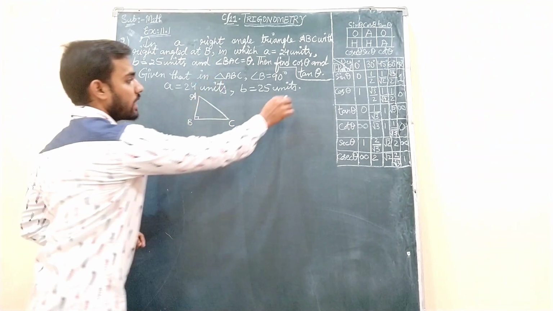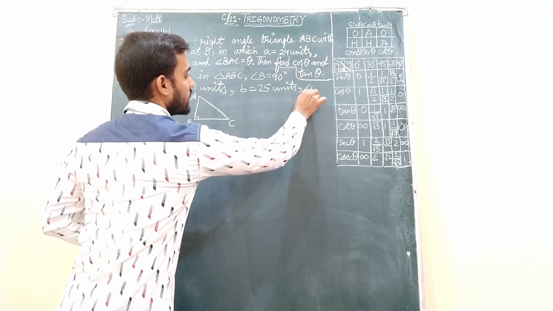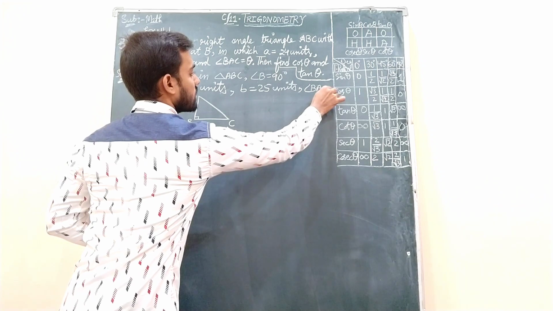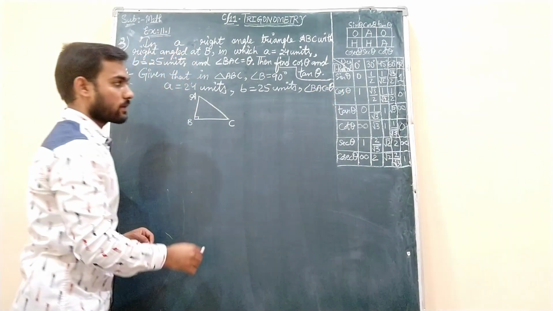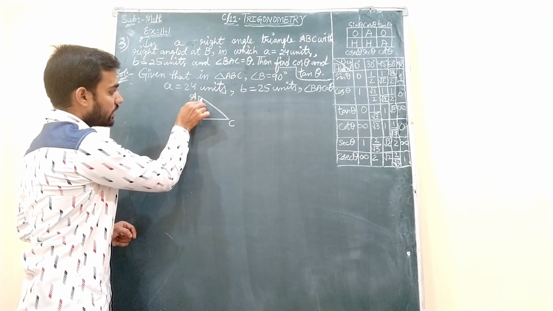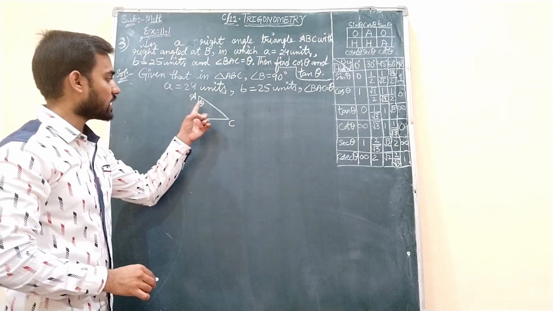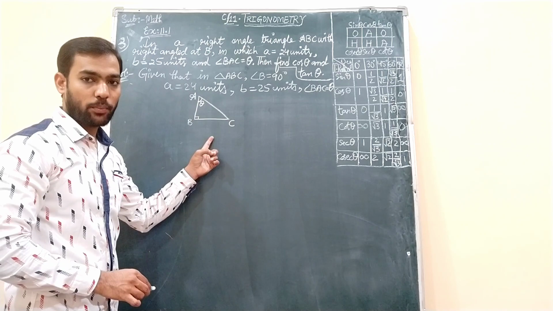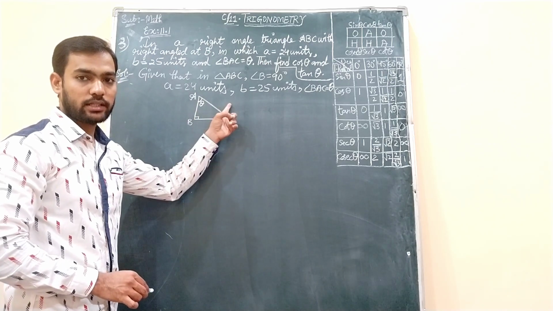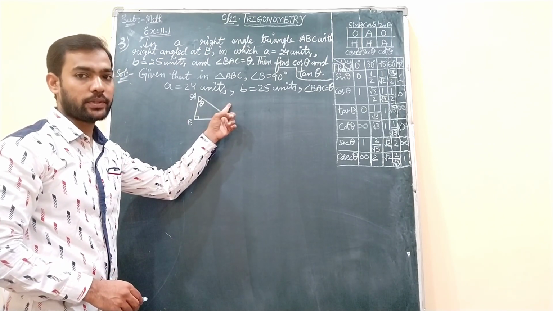And also he said that angle BAC is theta. Okay, so here I will take theta, which means here we will be deciding the sides with respect to this theta. This will be opposite, this will be adjacent, and this, you people already know, is the hypotenuse side.